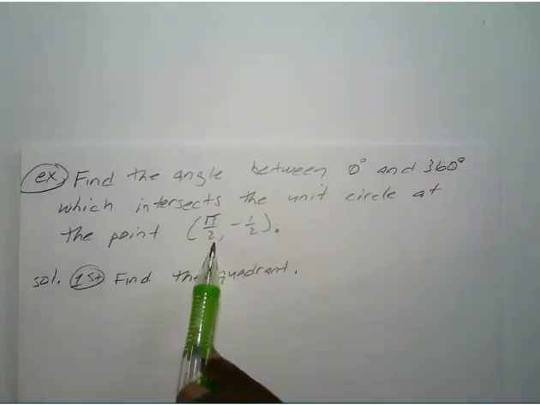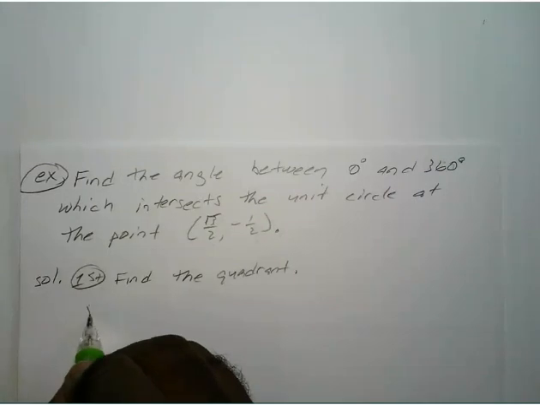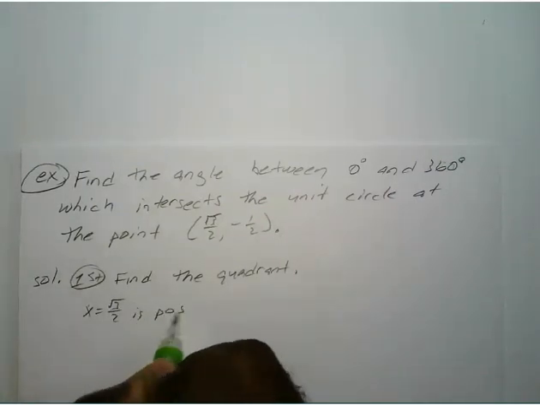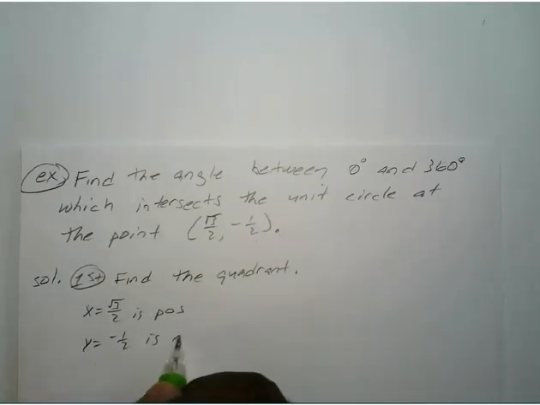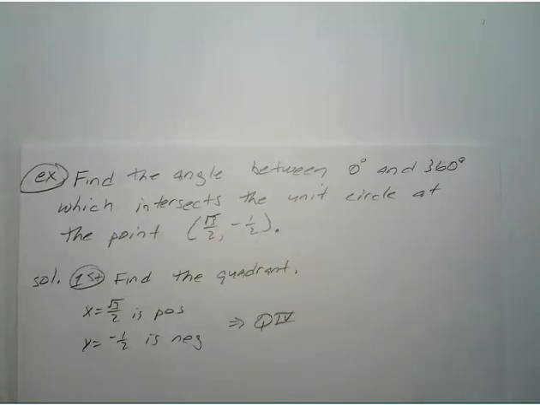We can see here that x is positive and y equals negative 1/2 is negative. So where is x positive and y negative? Quadrant 4. That was pretty painless.